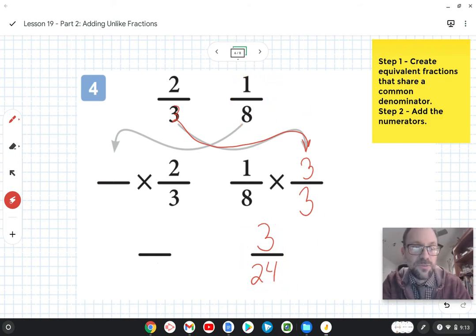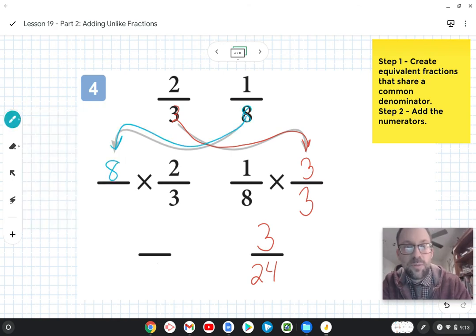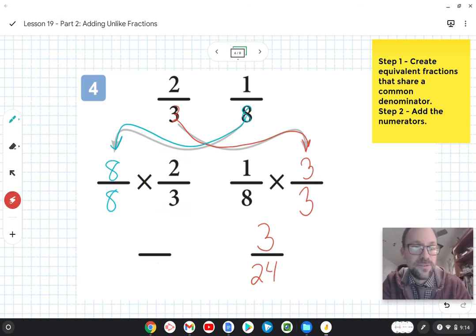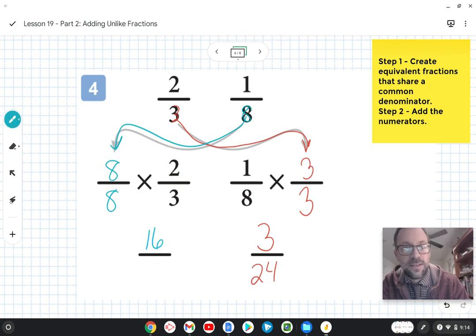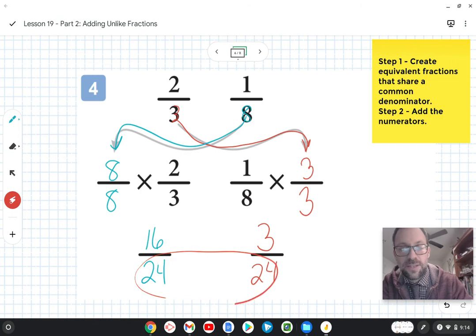Okay, now let's reverse the process. Let's take the 8, bring it down, and multiply it by both the top and bottom numbers of our first fraction, 2/3. Okay, so 8 times 2, that's 16. And 8 times 3, that's 24. And what do you know? We have common denominators. That's a denominator that both of these fractions have in common.